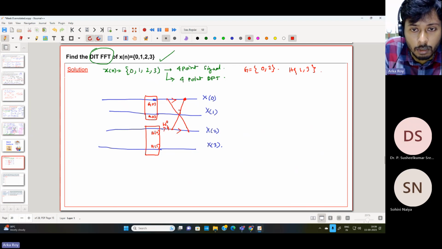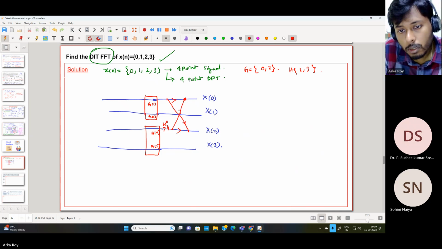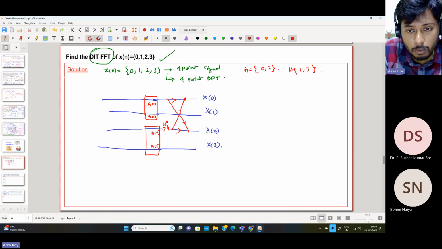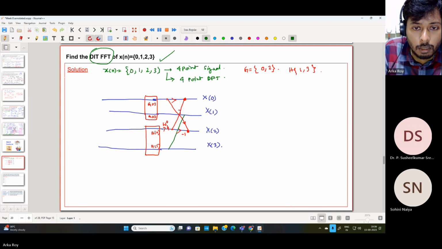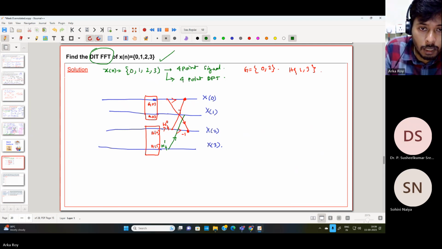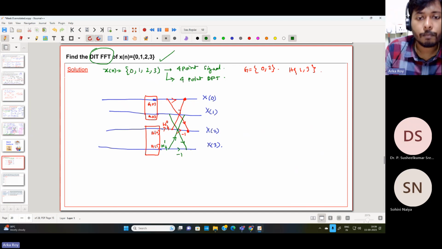If we redraw the second structure of the butterfly, here it will be -1, and here it will take W4^1, and again it will have this structure.